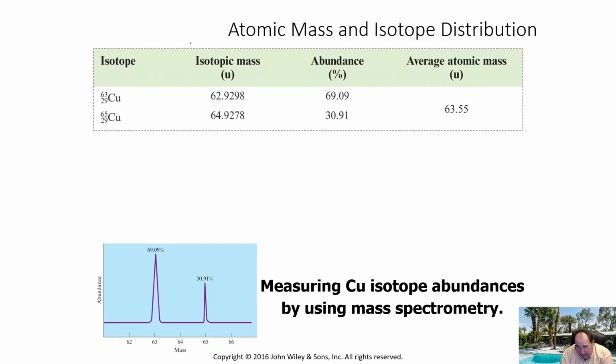So if we take a look at one here, here's our table, and here are our 2 isotopes. Once again, this is copper 63, and that is copper 65. Once again, that's the mass number, which is our top number here. And this is the book symbol for AMU.